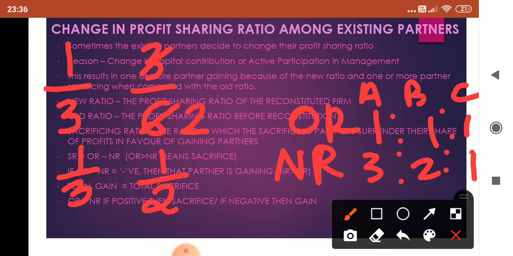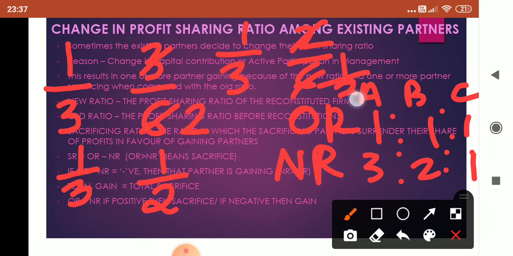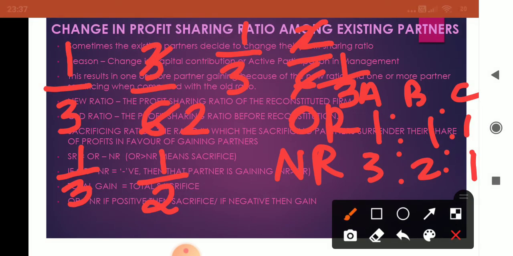Let us see for B. B's old share is 1/3. B's new share is 2/6. 2/6 is again 1/3. So B is neither gaining nor sacrificing. Now if we see for C, C's old share is 1/3 and C's new share is 1/6.